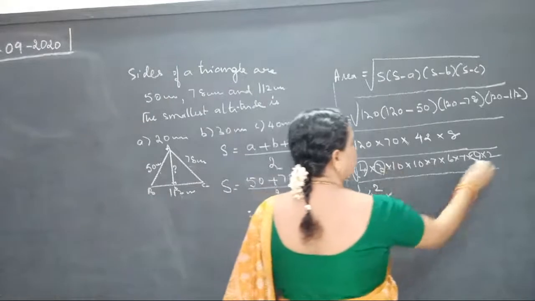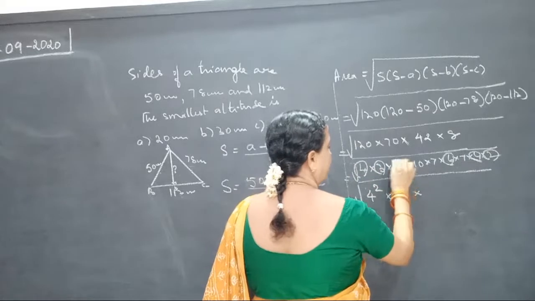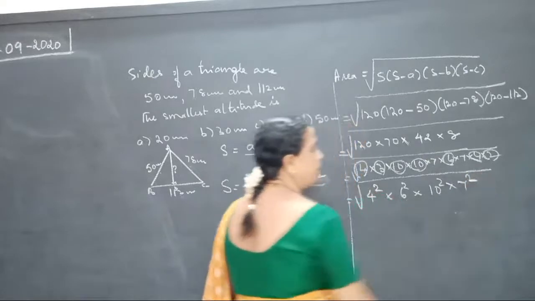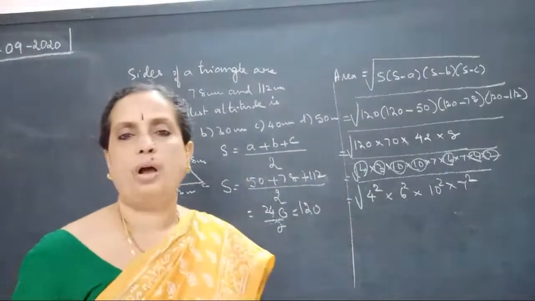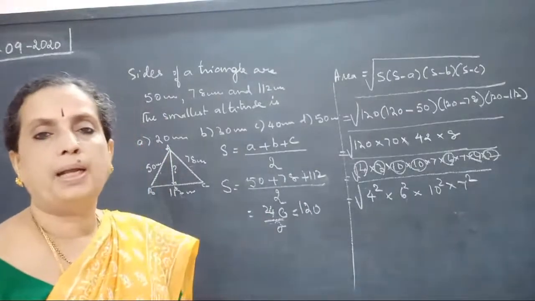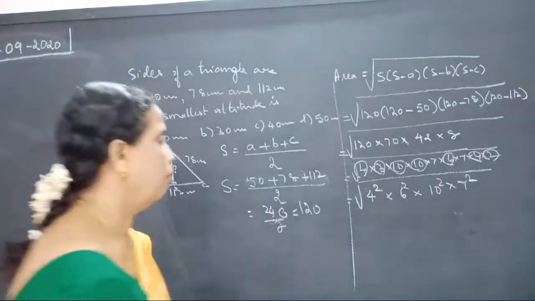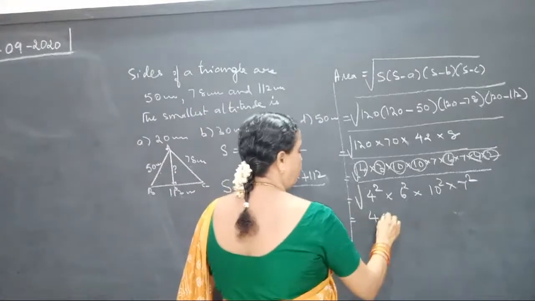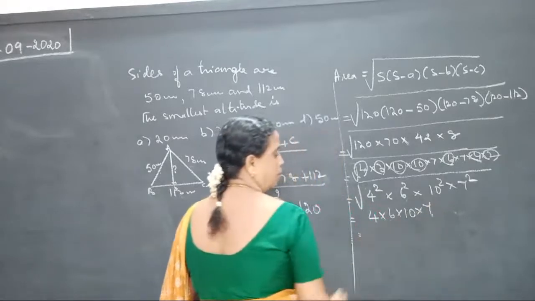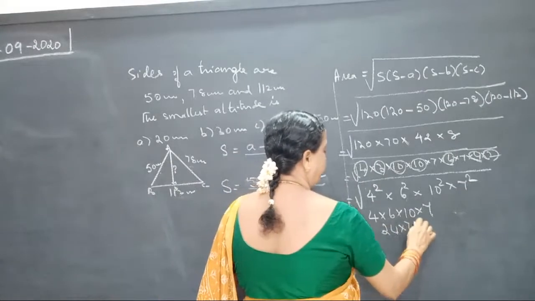Then 6 and one more 6, we write it as 6 square. 10 multiplied by 10 is 10 square. 7 multiplied by 7 is 7 square. After splitting each term into factors, you group by pairing up the squares so that you can easily take the square numbers out. The product will be 4 into 6 into 10 into 7. So what will we get? 240 into 70.